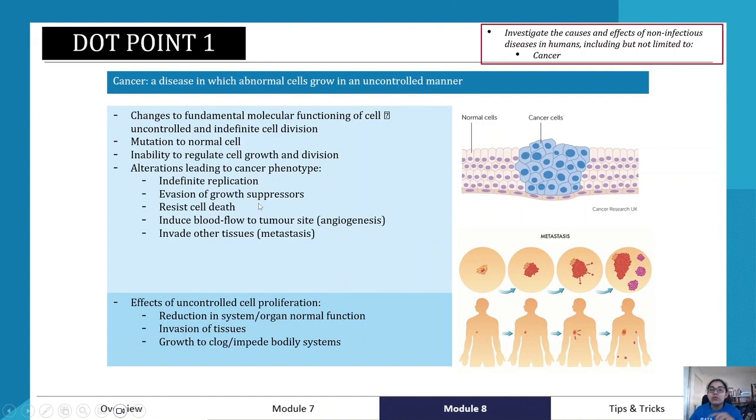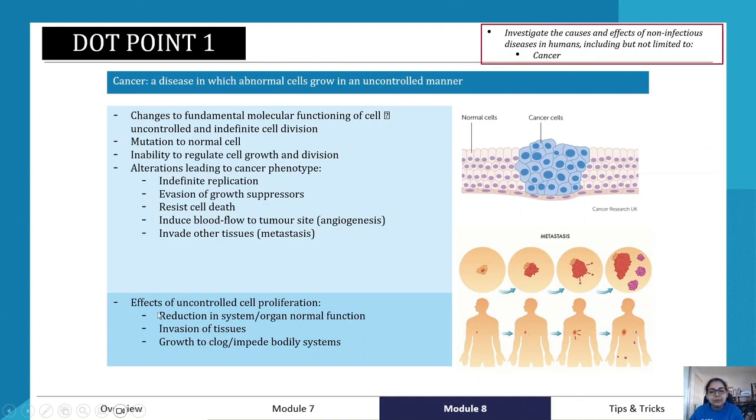Like we spoke about in module 7, apoptosis, when there's cell death, these cells can become powerful enough to actually resist cell death. There is induced blood flow. They can also induce blood flow to the tumor site, that's called angiogenesis, and also invade other tissues, and that is metastasis. So as you can see here, we've got cancer in one part of the body, and it's slowly starting to spread to other parts of the body.